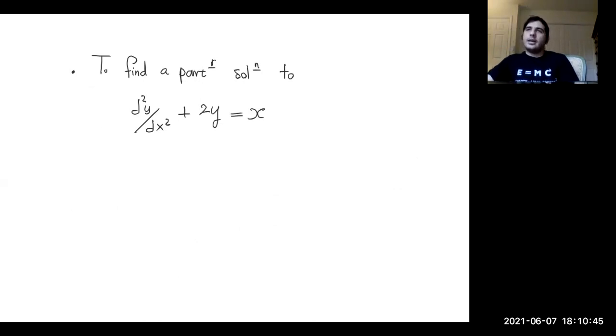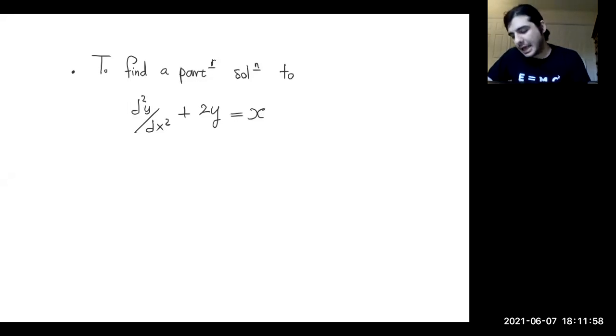Okay, so the idea here is to write the Fourier series of everything. So now we want to find a particular solution to this equation. The idea is to write down the Fourier series for everything we have in this equation.